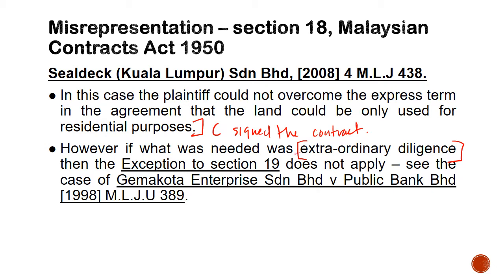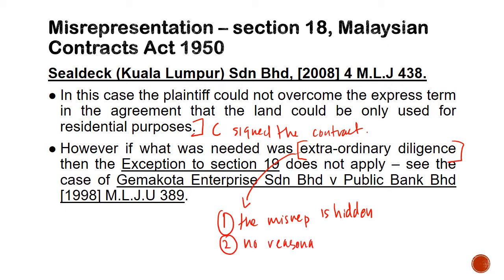Extraordinary diligence means that the misrepresentation is hidden. That's the first thing. And the second thing is that no reasonable steps could have revealed it.